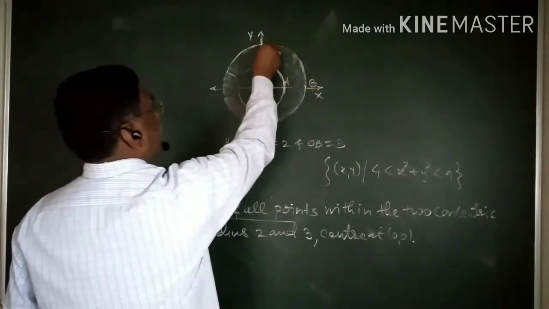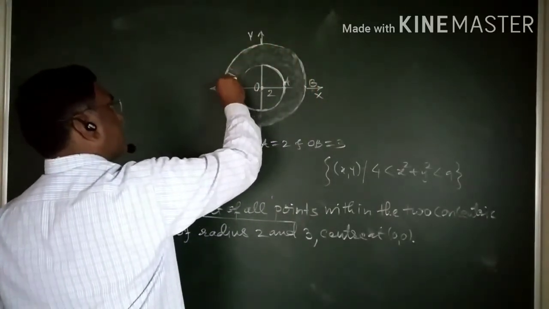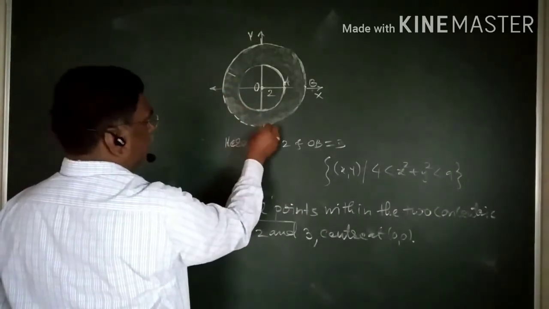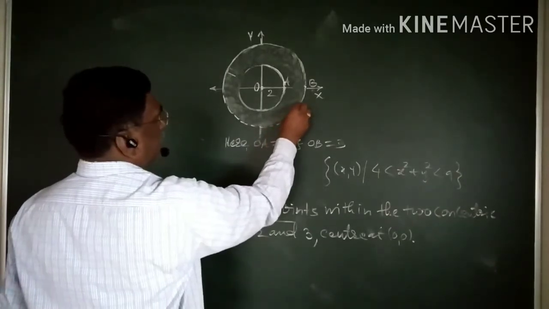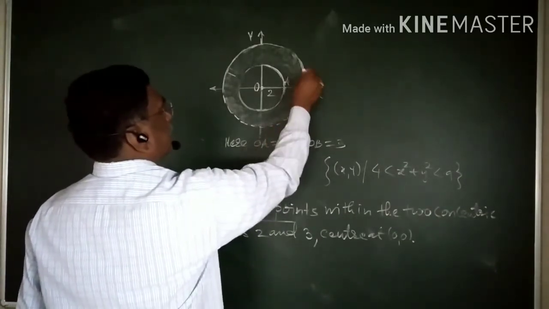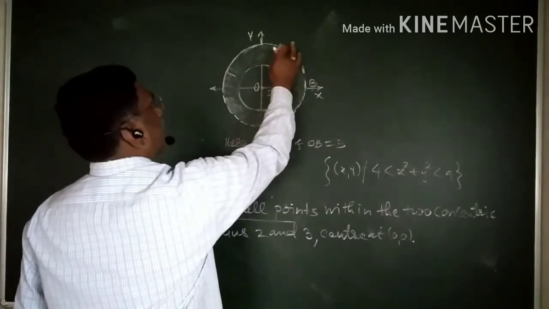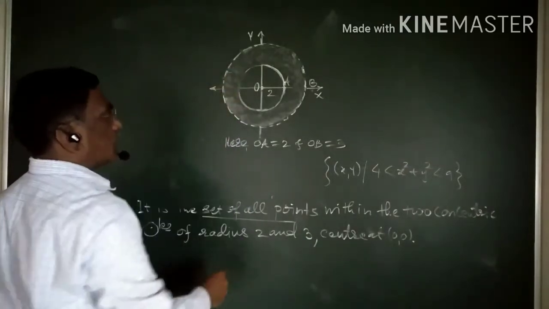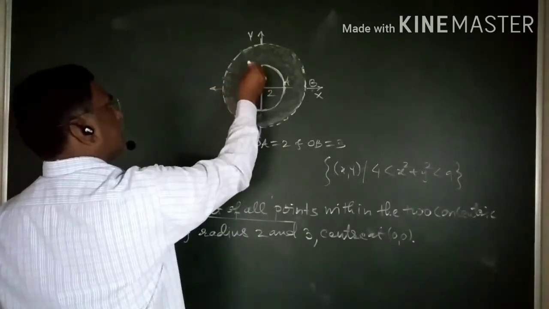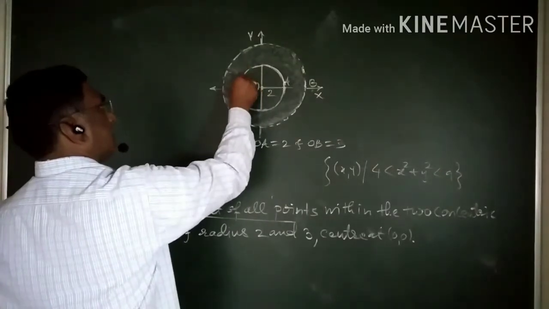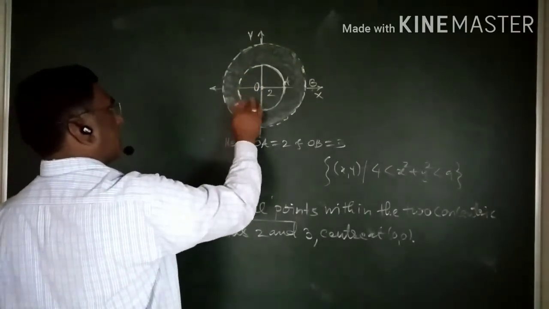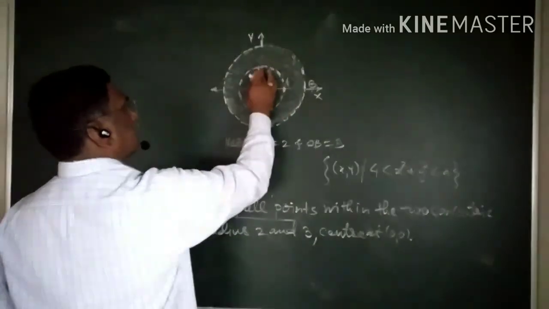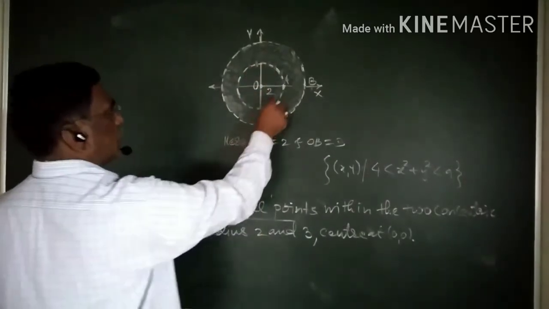But always remember that the points which are on the boundary of this circle are not included in the domain of this function, and therefore this boundary is dotted. Similarly, the points which are on the boundary of the inner circle are also not included, and hence this one is also shown by a dotted line.